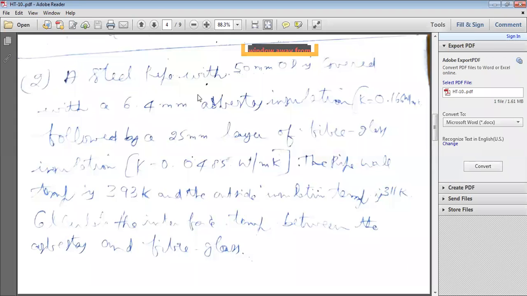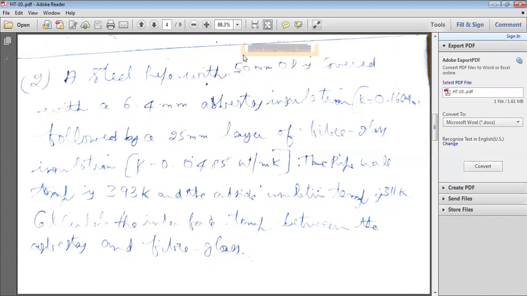Problem, second problem, a steel pipe with 50 mm outside diameter is covered with a 6.4 mm asbestos insulation of thermal conductivity 0.166 watt per meter Kelvin, followed by a 25 mm layer of fiberglass insulation.